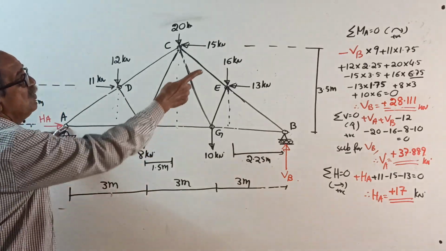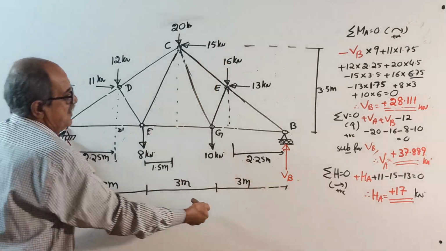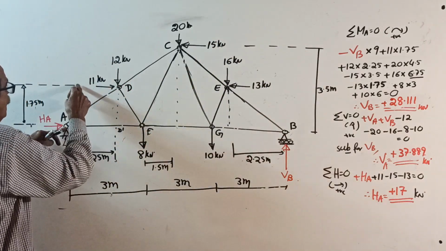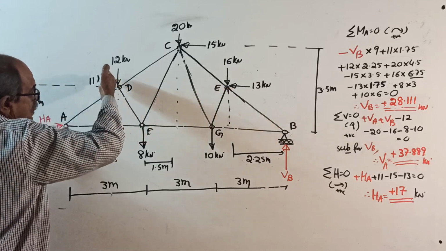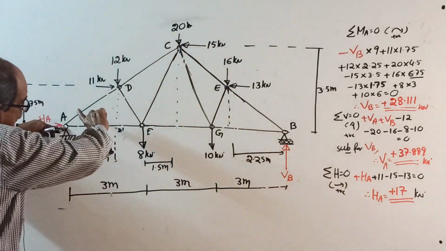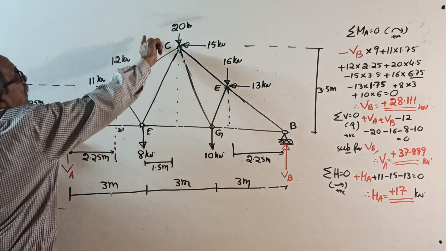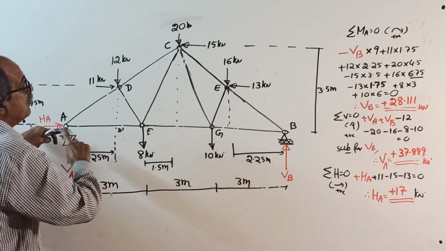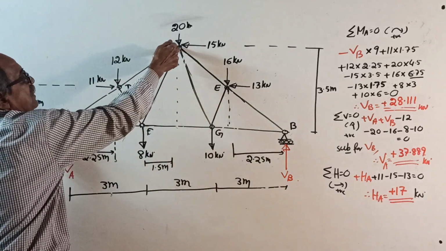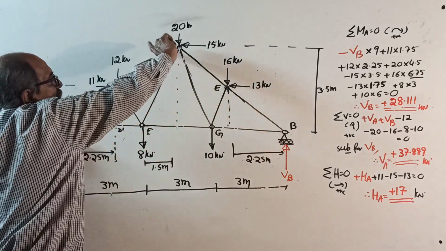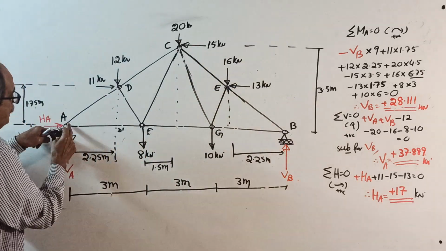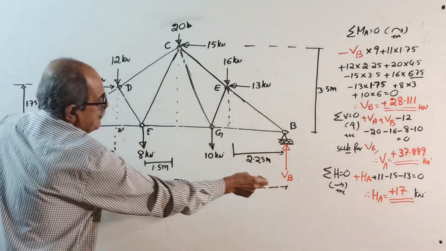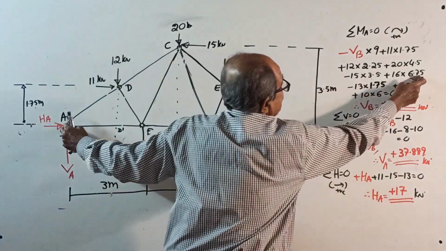Okay, take sigma M about A equals 0, clockwise positive. Minus VB into 9 plus 11 into 1.75 plus 12 into 2.25 plus 20 into 3 and 1.5, that is 4.5, minus 15 into height 3.5 plus 16 into from here up to here, 9 minus 2.25, that is 6.75.